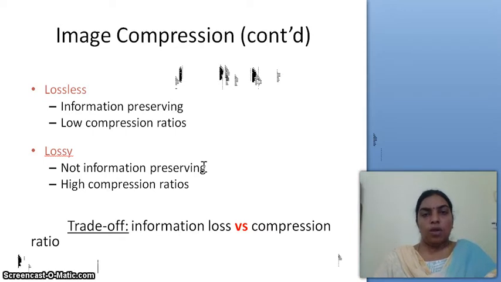Now coming to this one, of course you know that in YouTube, if you want to watch a video, and you want to preserve your data storage, right? So 1 MB is required, 200 MB is required for this, like that.